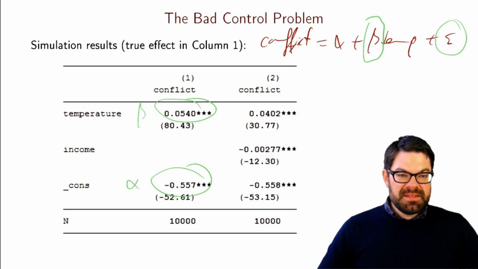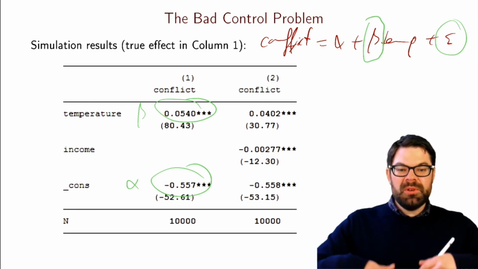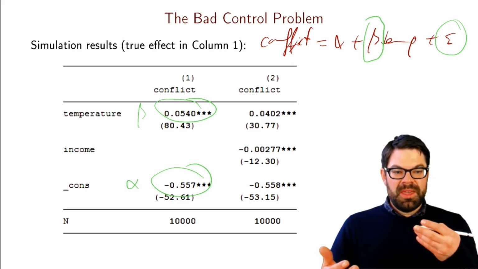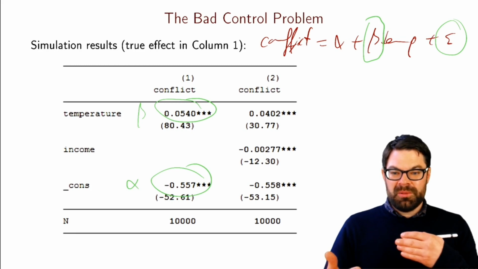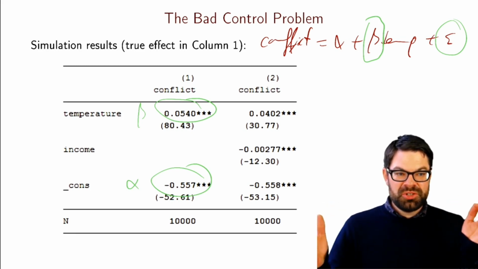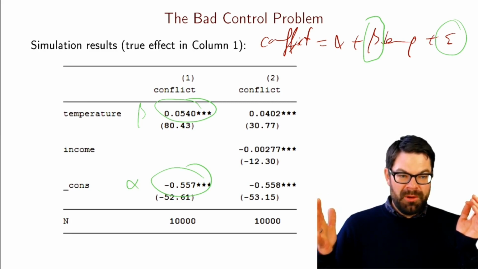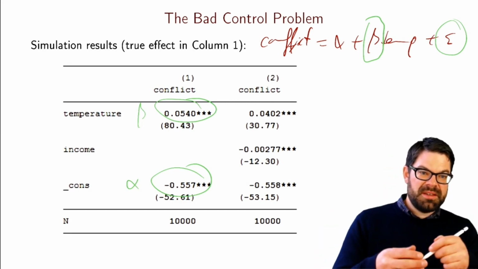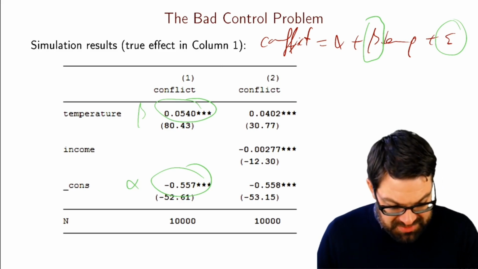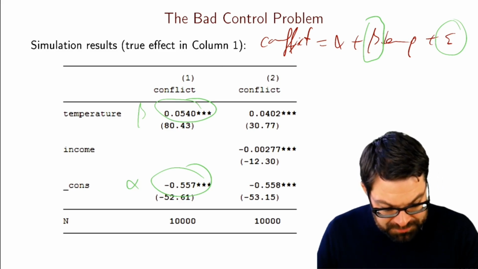Now in the second simulation, we simulate the same data set, but we condition on income, which is a function of temperature, and also has an effect on conflict. So what we do here is basically the following.